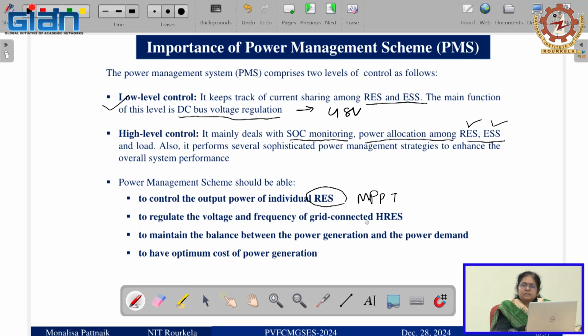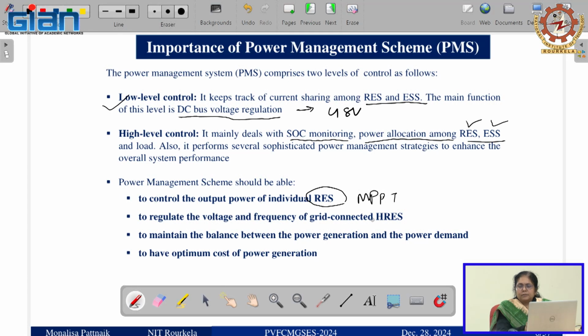So what is next? When you are adding the storage, the power electronics converter interfacing between the storage and the DC bus should be capable of regulating the DC bus voltage, along with controlling the charging discharging current of the battery, which will keep it healthy.